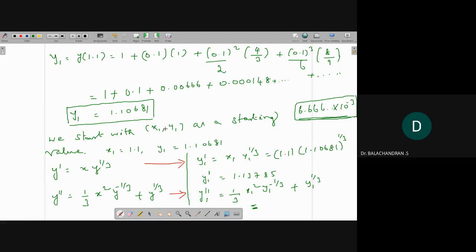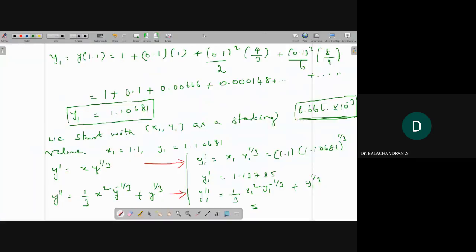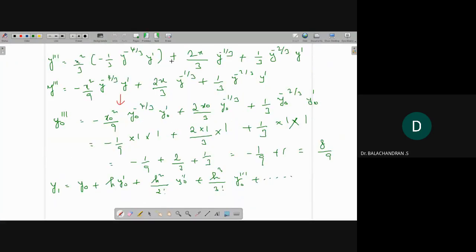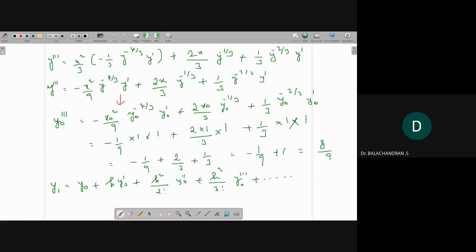But the procedure is, you should follow this procedure only. h is equal to 0.1 only. You can't directly follow. I don't understand how you will find it directly.